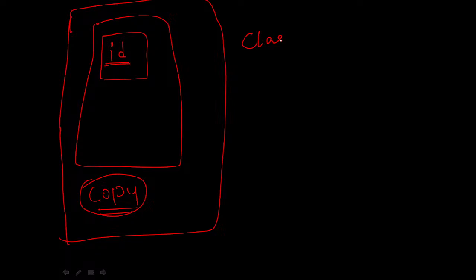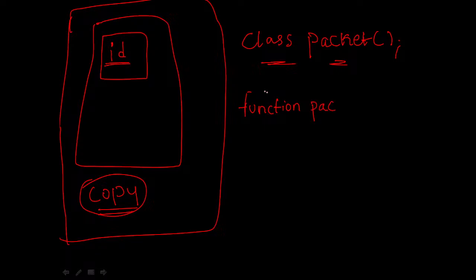We have seen that, right? We have created a class called packet, and in this class packet we are creating one more function, and this function type is packet. And this function I will write on one more page.